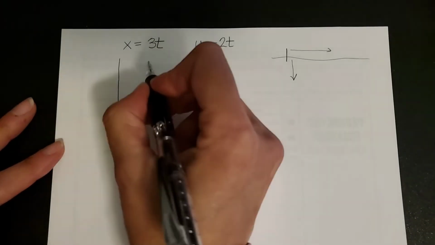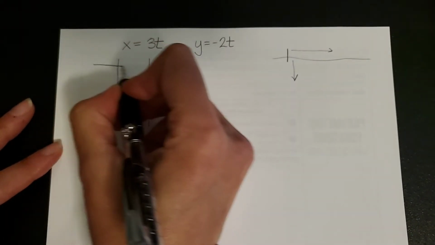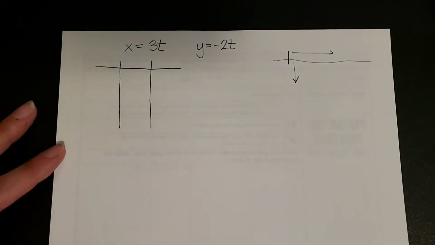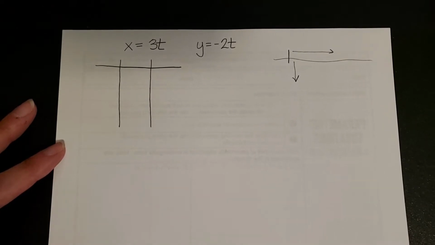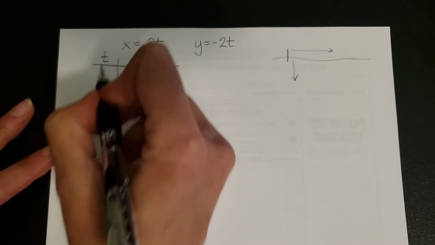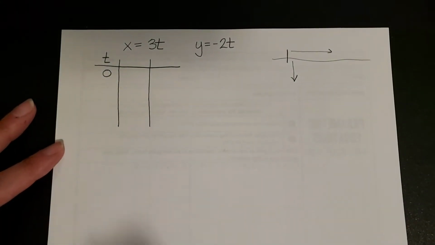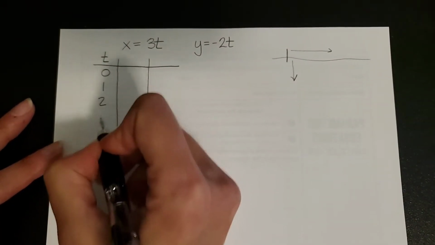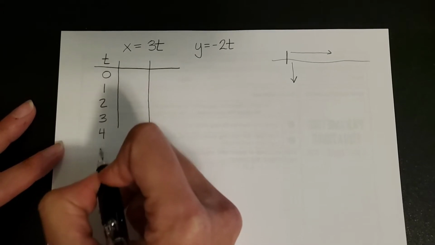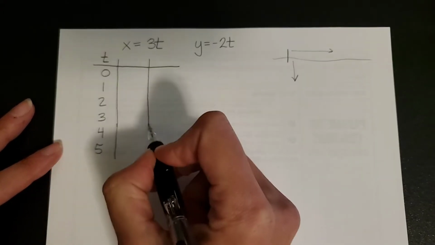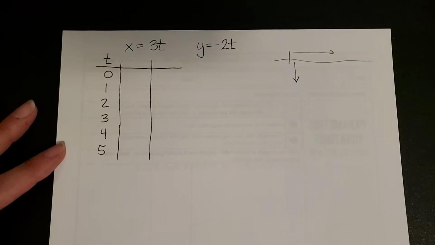The table of values that we create is going to have 3 columns now. This really is just a matter of plugging in values for t. If t is the number of days, where am I on day 0, 1, 2, 3, 4, 5? I'm just going to pick values from 0 to 5.